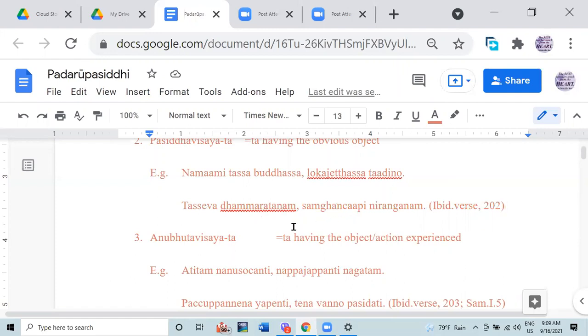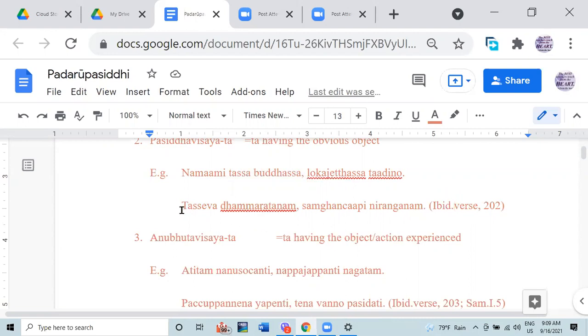Here, Tasiwa Dhamma Ratana: this Tasiwa does not modify Dhamma Ratana. Tasiwa modifies Buddhasa. Tasa Buddhasa. Tasa directly modifies Buddhasa, Loka Jitasa, Tarino, like this.